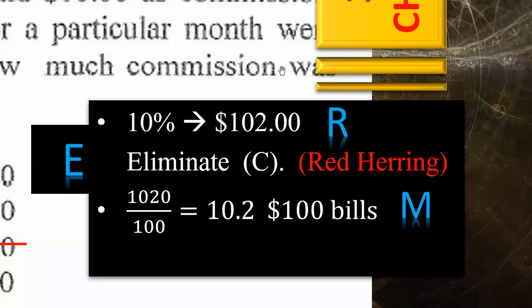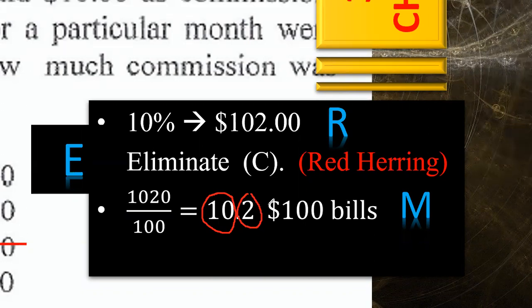This is telling me in $1,020, if I divide it by 100, I have 10 $100 bills, right? And point 2 extra isn't a whole. It's 0.2 of a $100 bill, which is 0.2 times 100, $20, right?